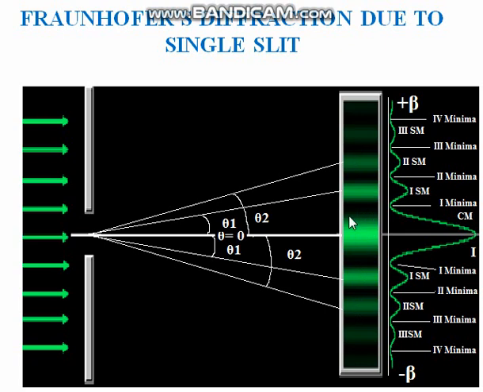The central maximum has the maximum intensity. It is denoted by I naught, and I naught is given by n square A square, capital A square. Then the intensity of the bright bands reduces continuously.